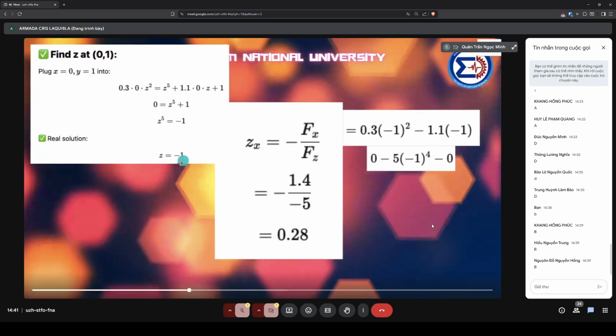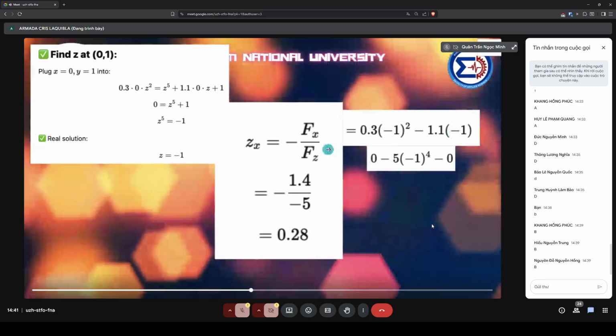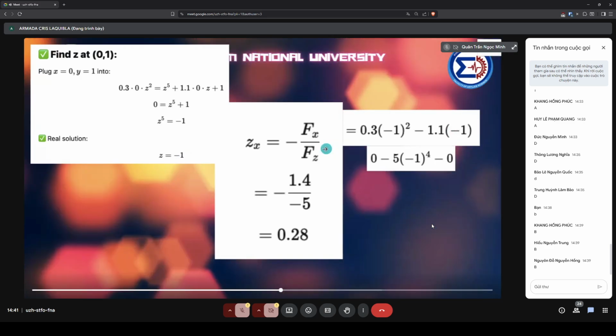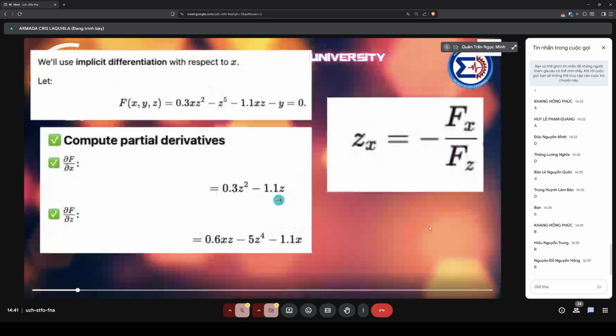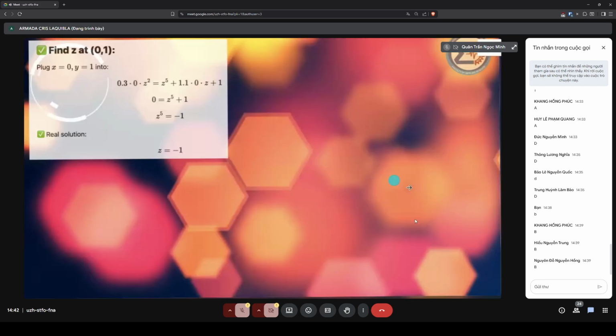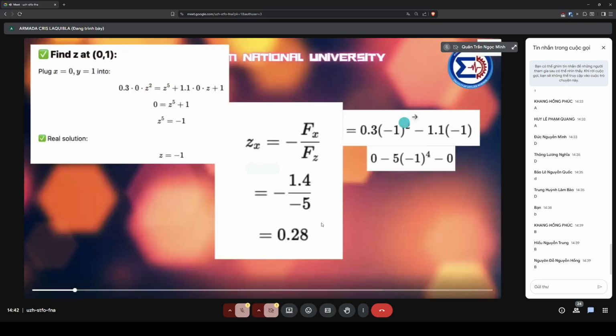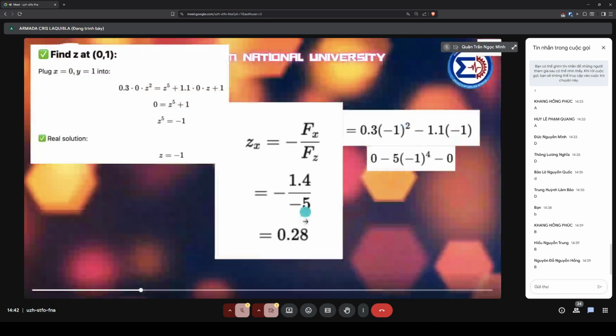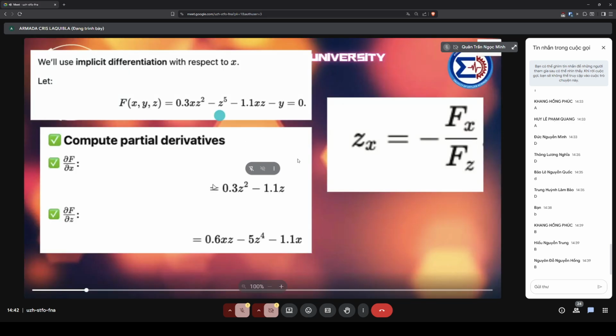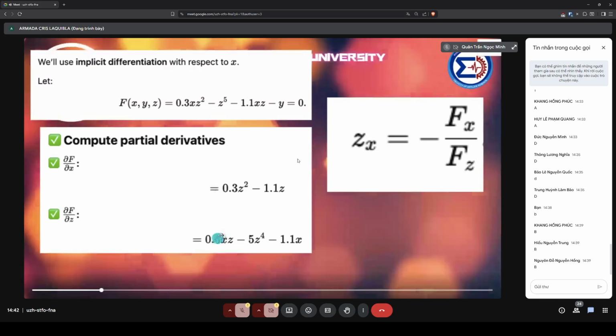Now you substitute that in the fx that we solved. For fx, it's only z there, so you substitute -1. So we have -1 squared minus 1.1 times -1. And in your fz, your x is 0 because the point is 0, 1, so these terms become 0 because they have x.